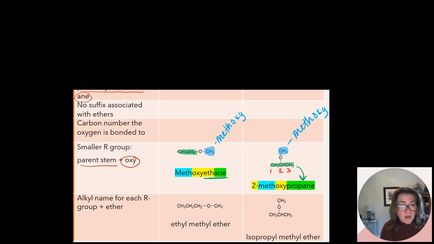Now if I look at common naming, I'm going to give the alkyl name for each R group. For this first example, that is a mistake. Rather than reshooting this video, I'm just going to change this.